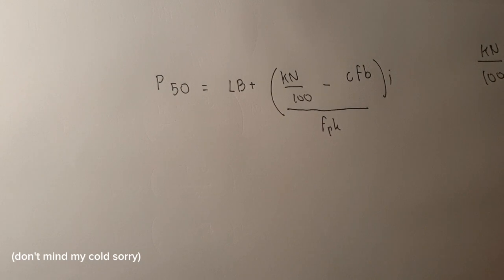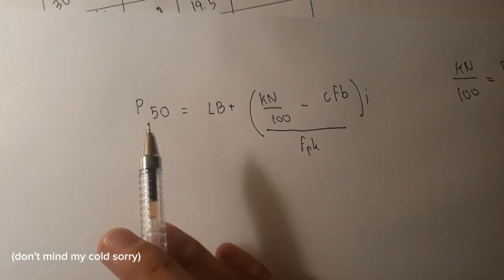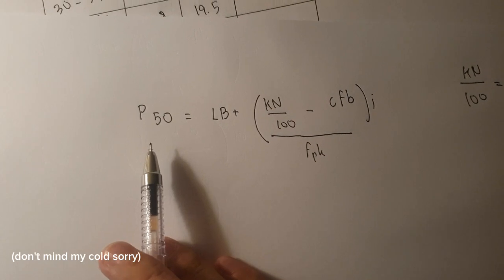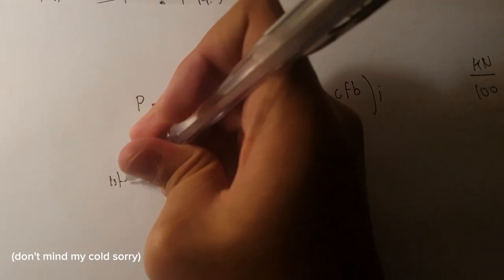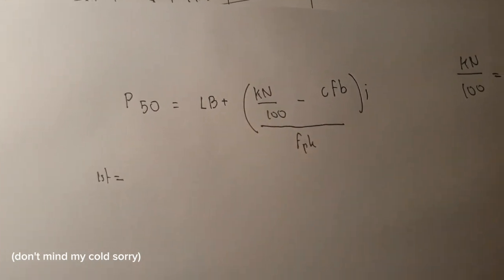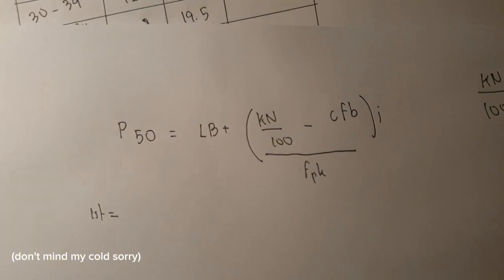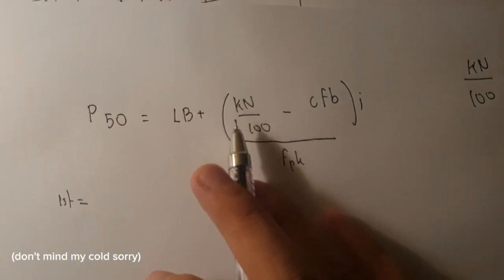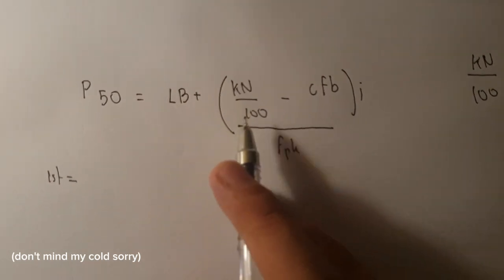For the second question, we'll find the P50. Again, the first step is we solve for Kn over 100, the nth percentile times the total frequency over 100.